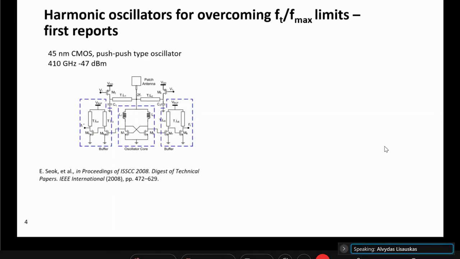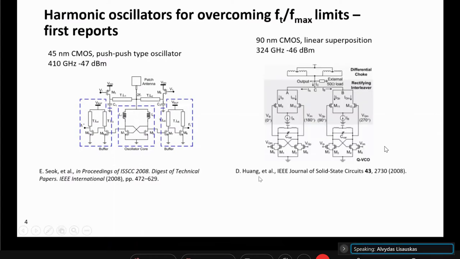At that time, this push-push oscillator, or in 90 nanometers a linear superposition scheme, was used with pretty similar power, about minus 47 dBm, so below 1 microwatt, something at sub-microwatt power level.